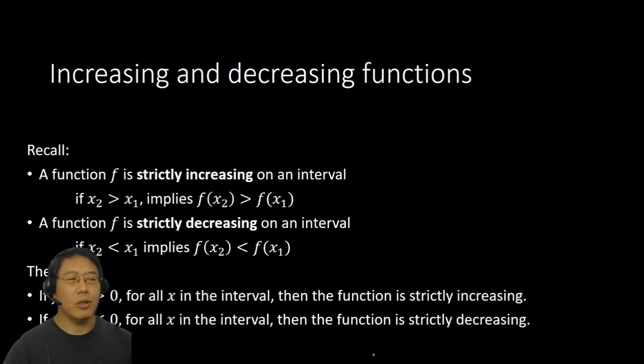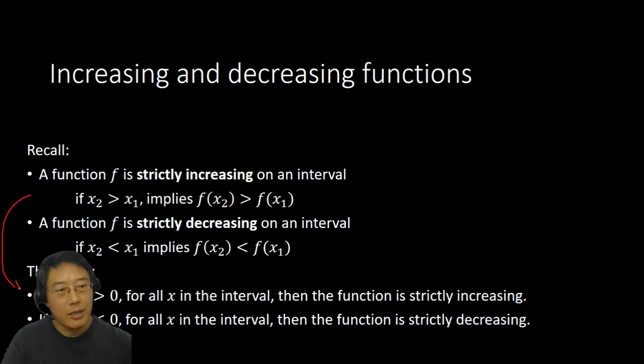I think I mentioned decreasing and strictly decreasing functions. There's a shorter way to do that. When a function is strictly increasing, you start from x1 towards x2, meaning that x2 is greater than x1. What it implies is f of x2 is going to be greater than f of x1. What you could do is calculate your first derivative, which relates to the rate of change.